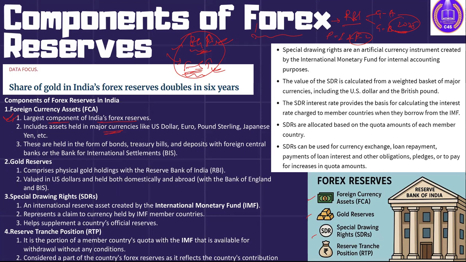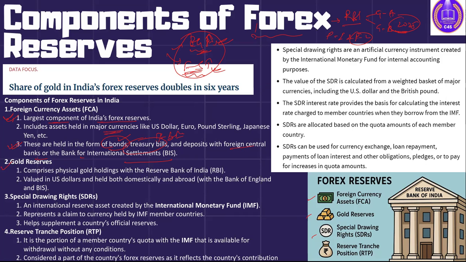These are held in the form of bonds, treasury bills, deposits with foreign central banks, or the Bank for International Settlements, BIS. So you need to keep in mind that FCA are held in the form of bonds, treasury bills, T-bills, deposits with foreign central banks like the US Fed or Bank of England, or the Bank for International Settlements. In this way, it is held.